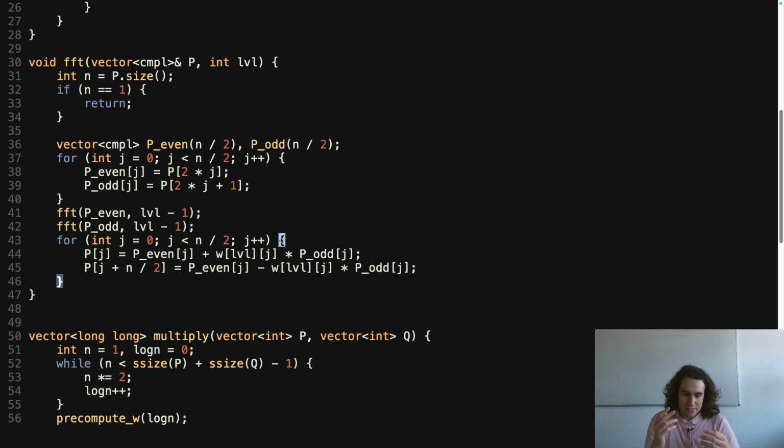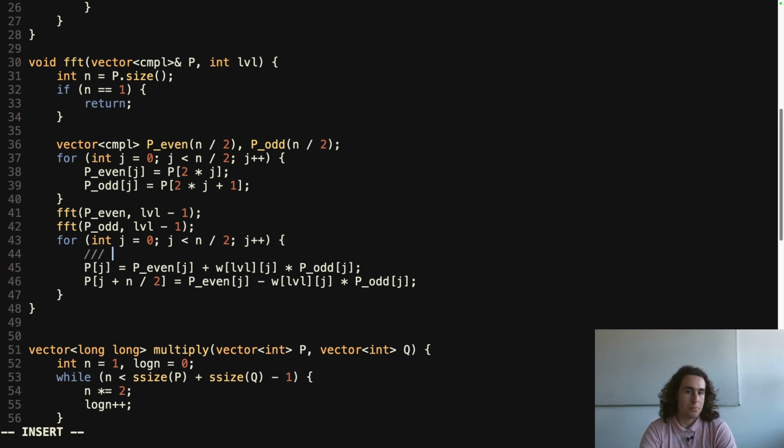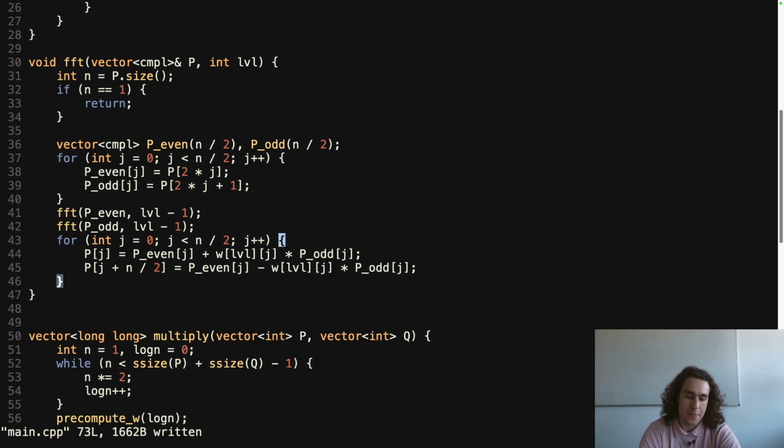Or there is another idea from the chat. You can recalculate it here from cosine and sine every like 32 iterations or something. And then between those, you can just multiply by the first W1. And then it's going to be okay, because you're going to have multiplication of not that many values. Not n, but at most like 32. We're going to talk about something like that later.